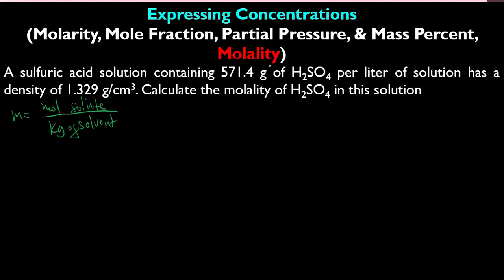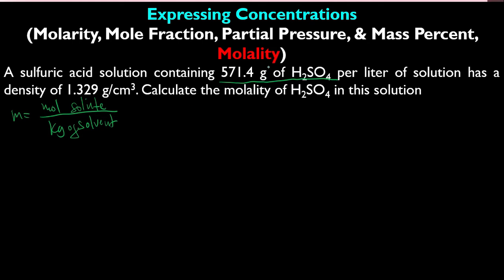The solute here is the dihydrogen sulfate. And then we also need the kilograms of solvent. So we only have the density of the solution, the volume of the solution, and the mass of the solute.